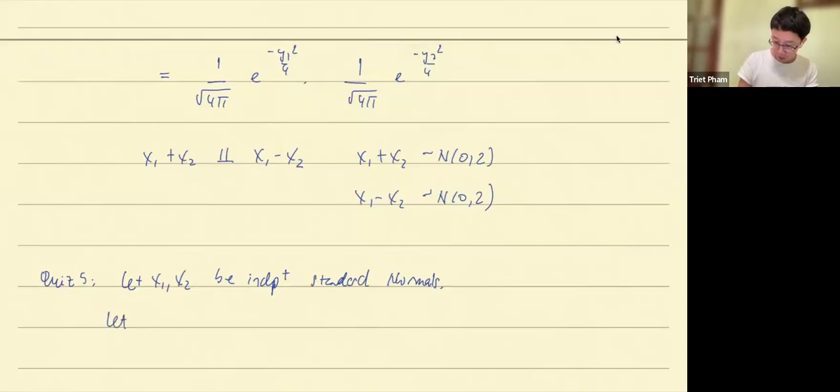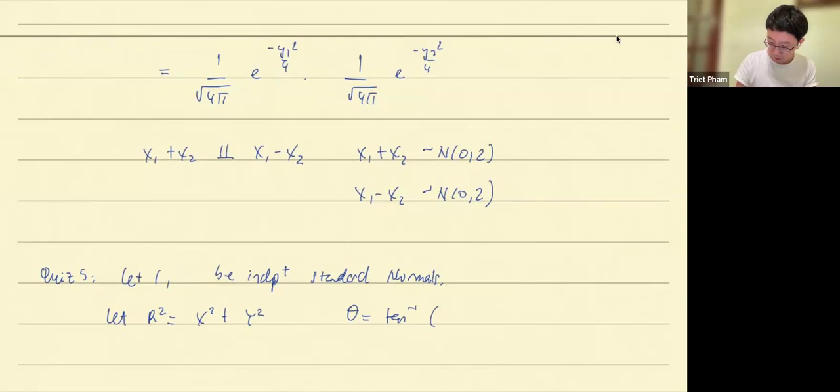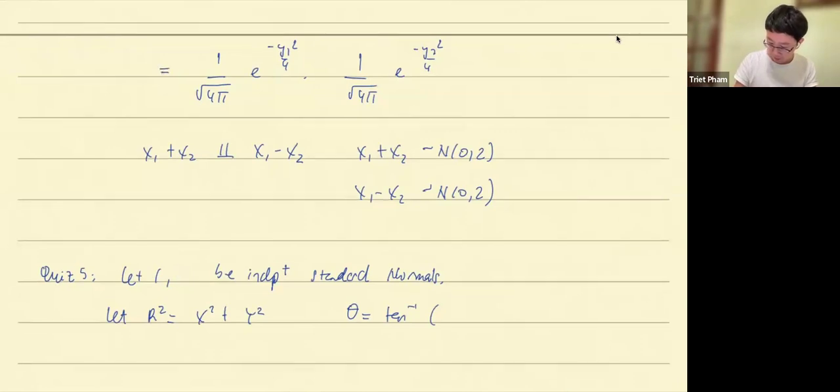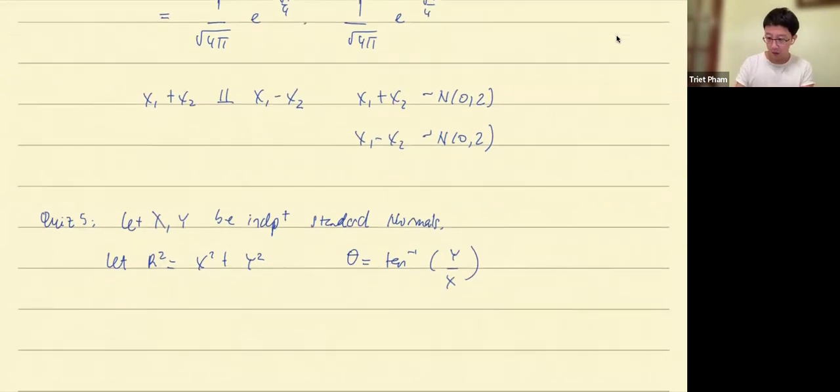Let r squared be x squared plus y squared. Let theta be tangent inverse of, oh, sorry, here we just want x and y, y over x. And so you see, you know what this is about. This is about polar coordinates transformation.